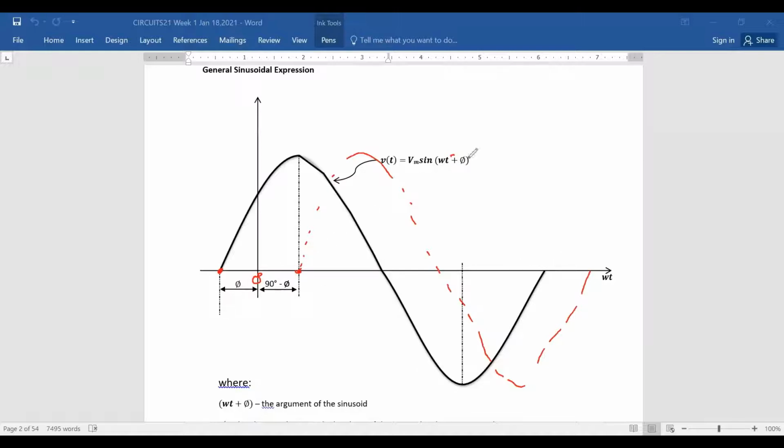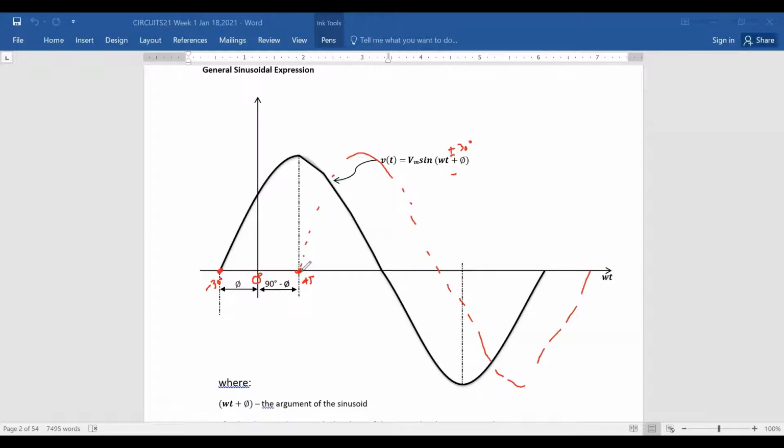So that's how we express our sinusoids. But if the sinusoid starts to the left side of the x-axis, say negative 30 degrees there, then the expression will be positive 30 degrees. I'm sorry, positive 30 degrees.